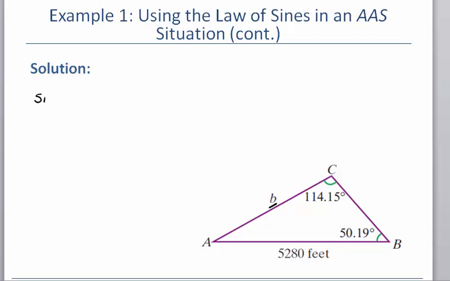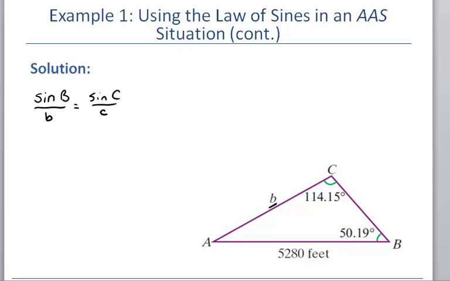So I'm going to jot this down: sine angle B over B. And then we also want to use the ratio that has the C's in it, because we have angle C and we also have side C. Remember that the angle and the side opposite it match up in terms of the letters. So I'm also going to go with sine C over C.